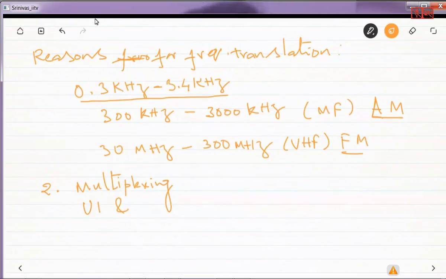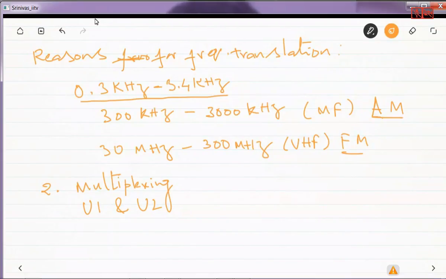So let's say there are U1 and U2. U1 is generating 0.3 to 3.4 kilohertz, and U2 is generating the same signals. Let us now translate the first user's signals to some frequency range F1 to F2, and the second user's signals to another frequency range F3 to F4.